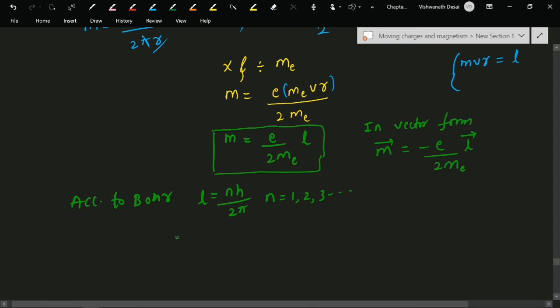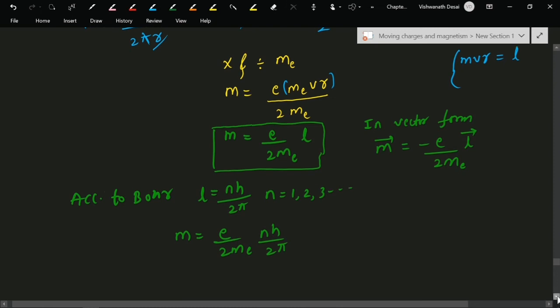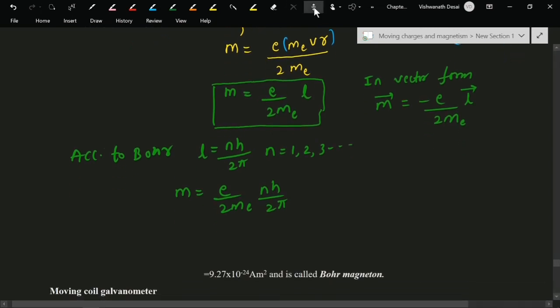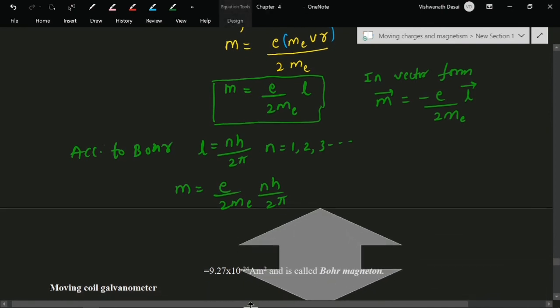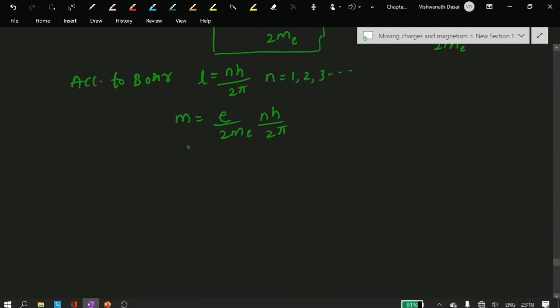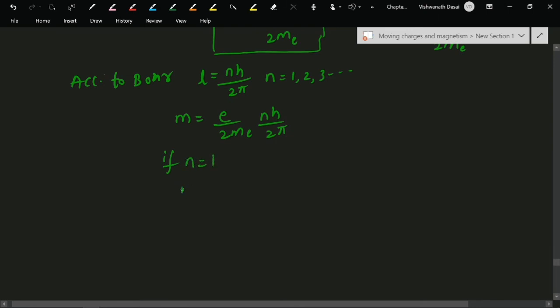Now the magnetic moment becomes m is equal to e divided by 2m times nh divided by 2 pi. If you take n is equal to 1, what are you going to get? If n is equal to 1 for the first orbit, the magnetic moment m is equal to eh divided by 2 into 2, which is 4 pi me.